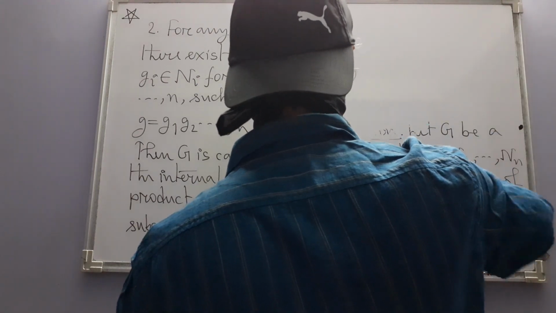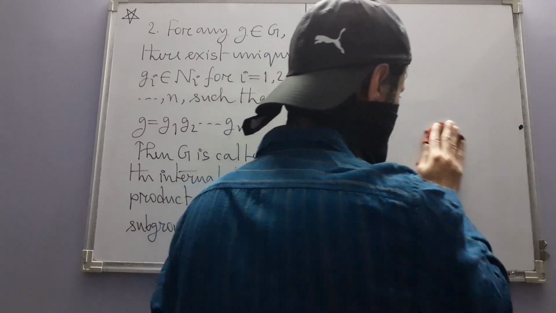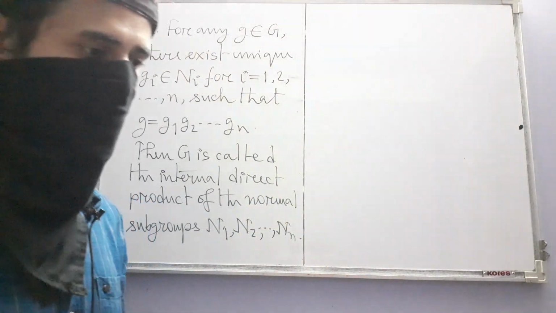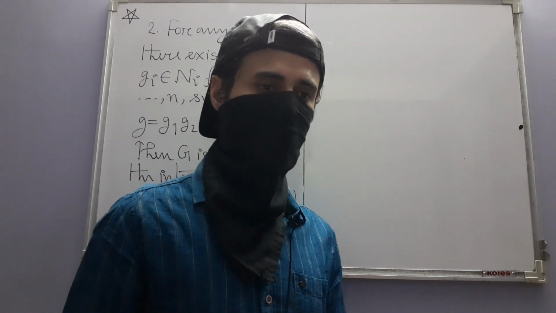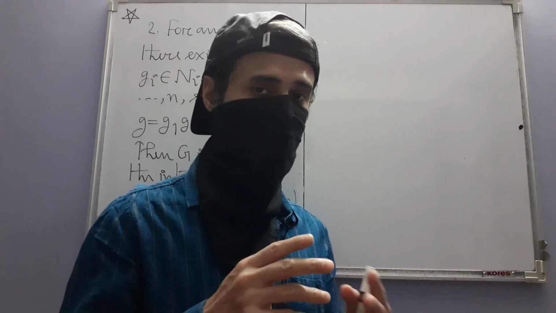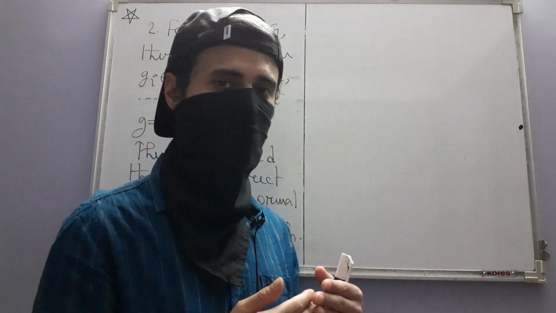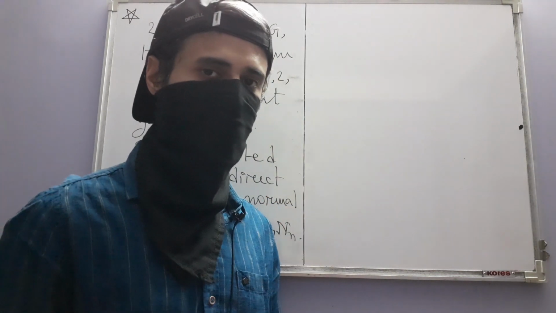And lastly, before I finish, there is a fact about finite abelian groups. Suppose you have a finite abelian group, not the trivial group, but a group having order greater than 1. Then its order has a prime factorization.